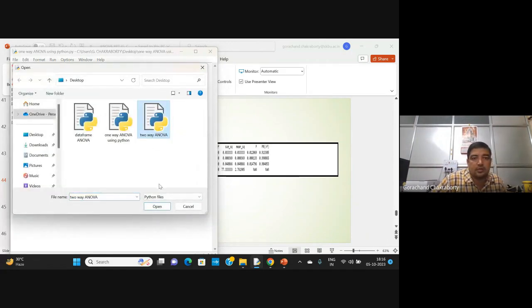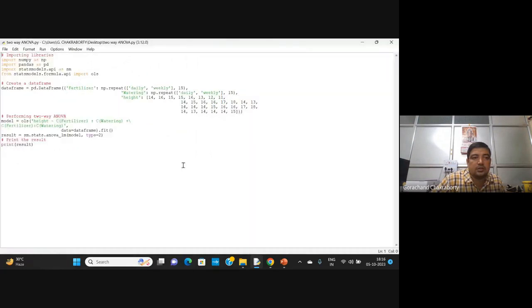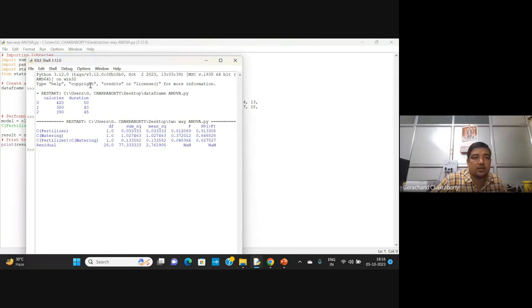Two-way ANOVA. Okay. So if we run this program, then we are getting these results. So here, see fertilizers.